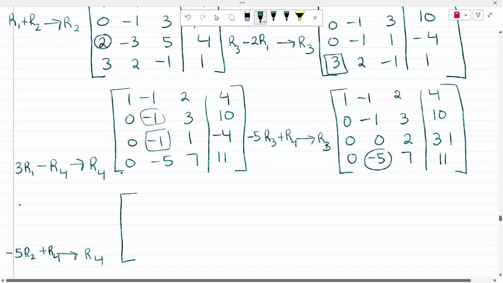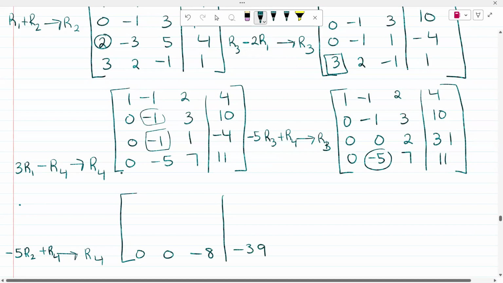So when you do all the work, you're going to get 0, 0, -8, straight line, -39.